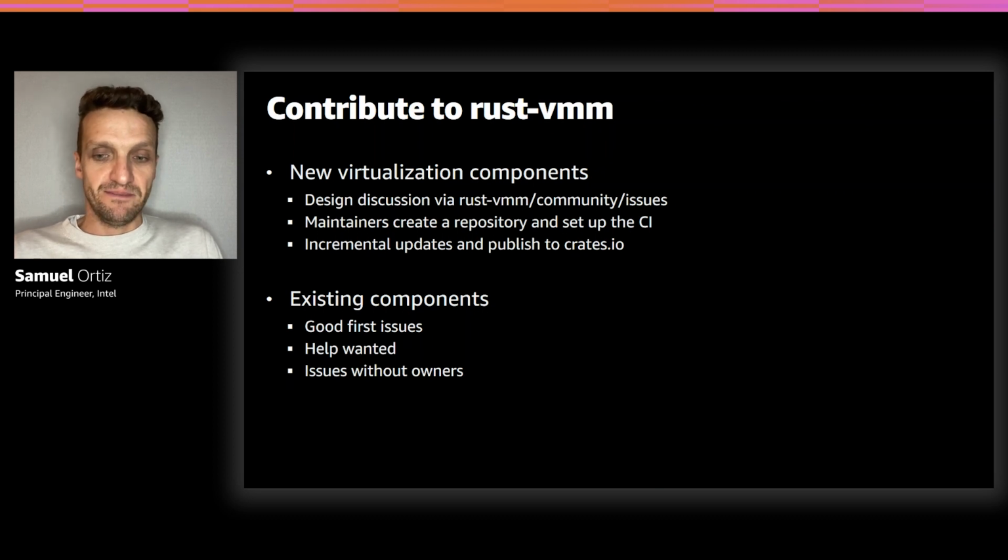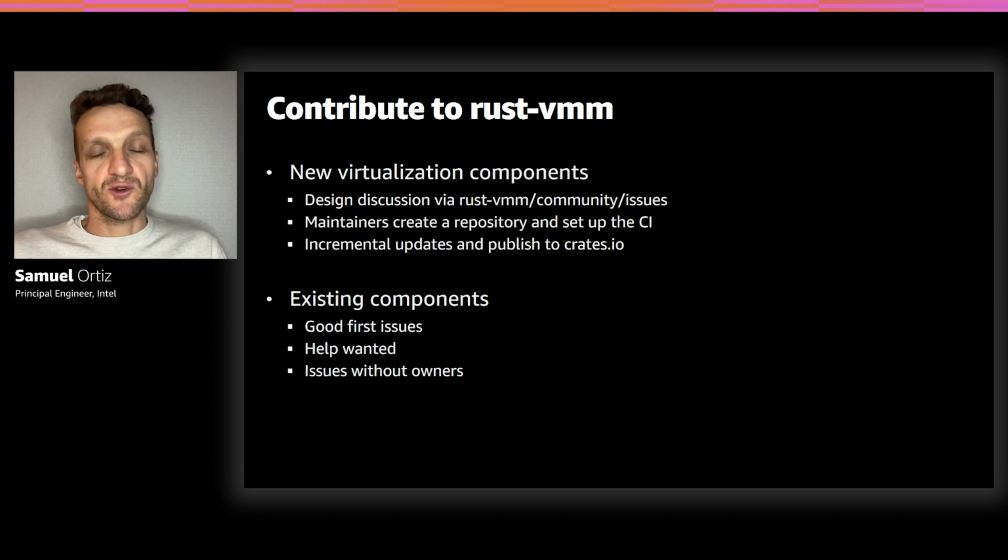If you think about a new virtualization component to be added to Rust-vmm, then the best way to do so is to start a discussion on the community repo on Rust-vmm, open an issue, and start the design discussion for this new virtualization component.